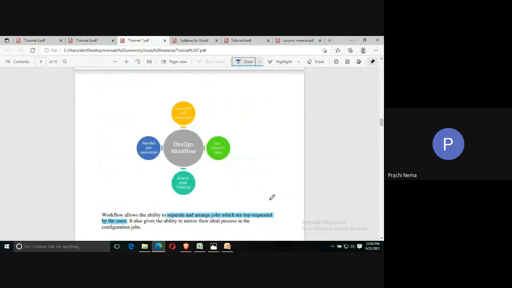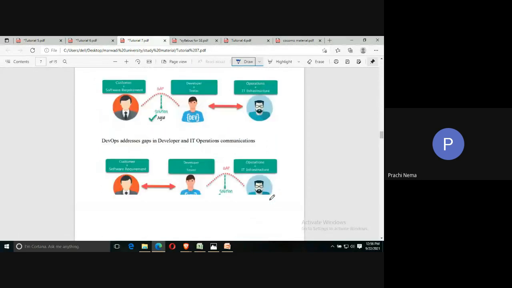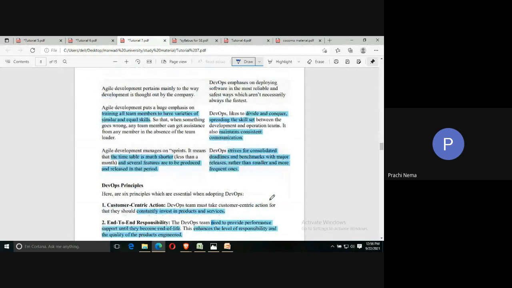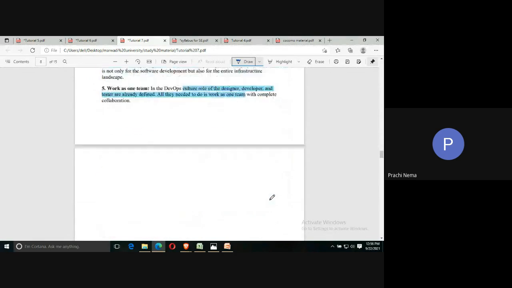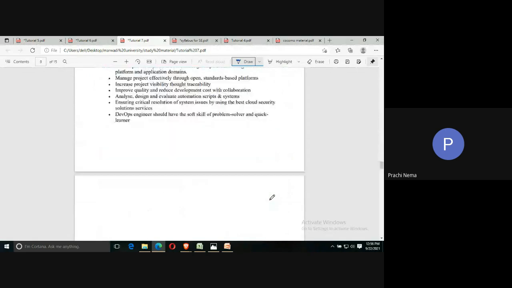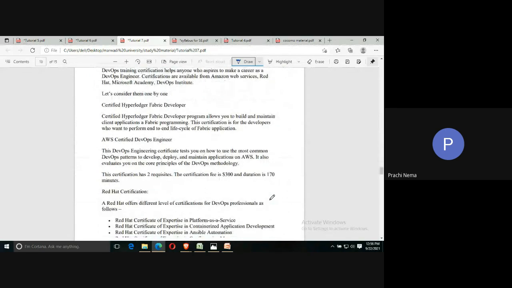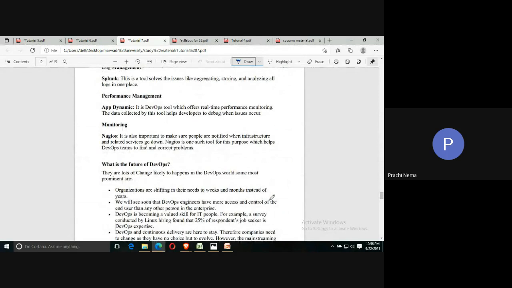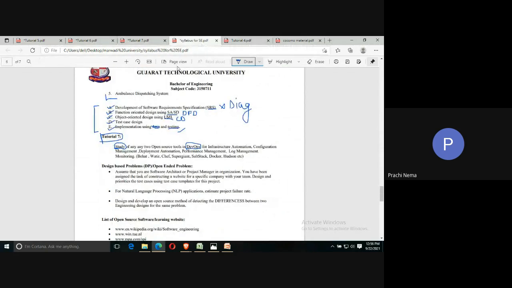So like that, I have explained the complete technology of DevOps. You can refer to this manual if you want. I can share it with you if you want to study DevOps, because this is a nice explanation in easy language.